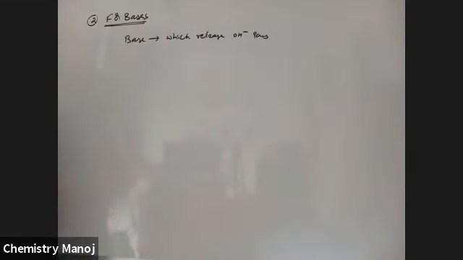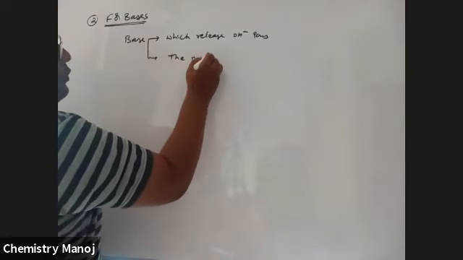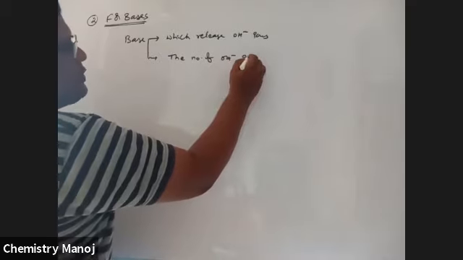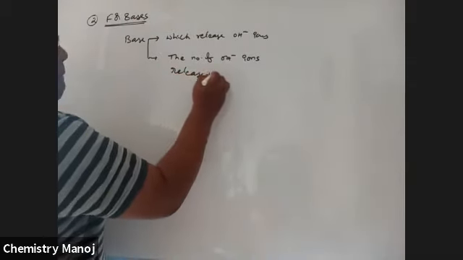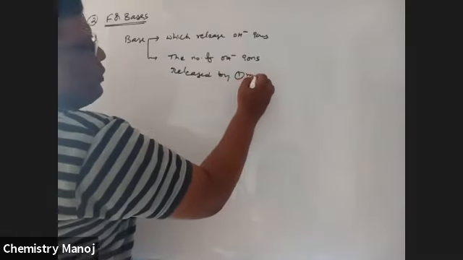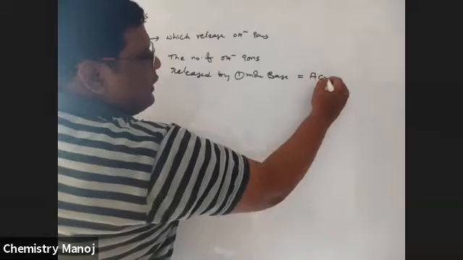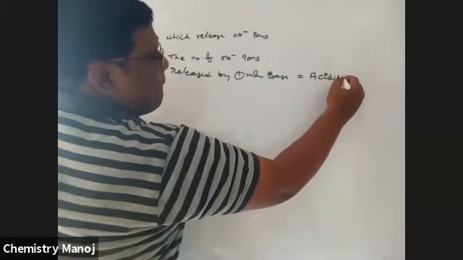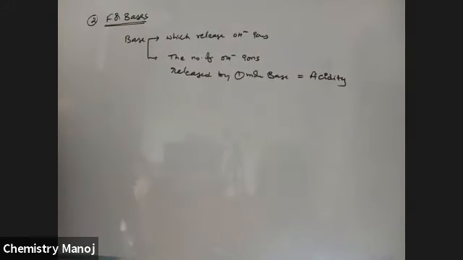Therefore, the number of OH minus ions released by 1 mole of base is called the acidity of that substance.